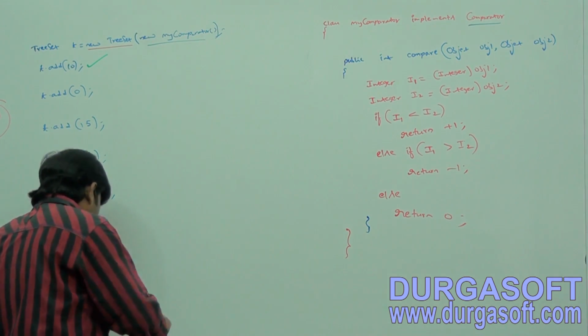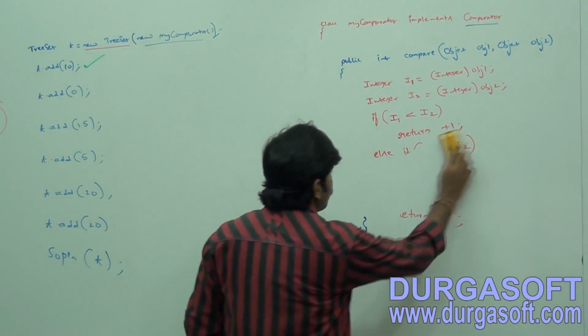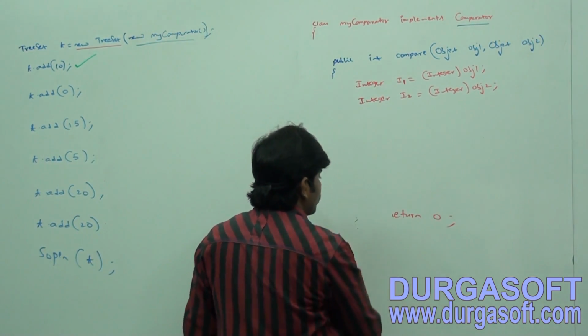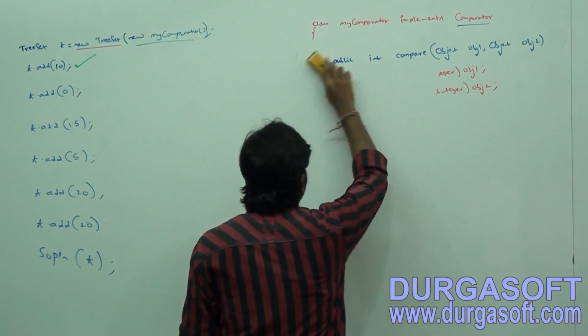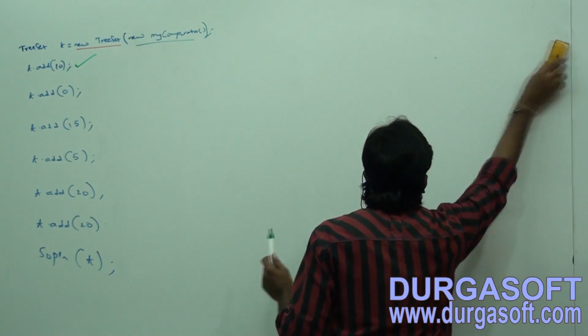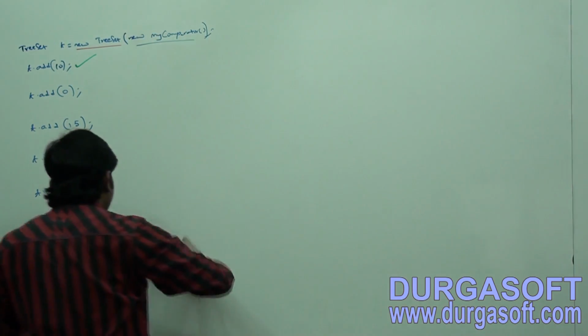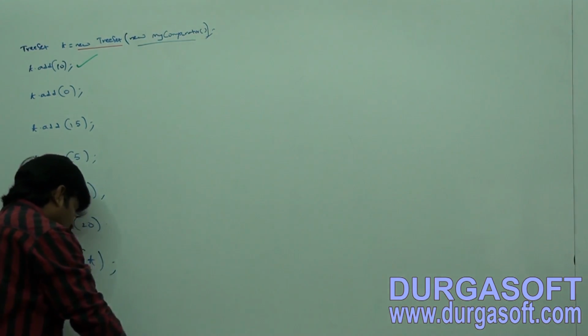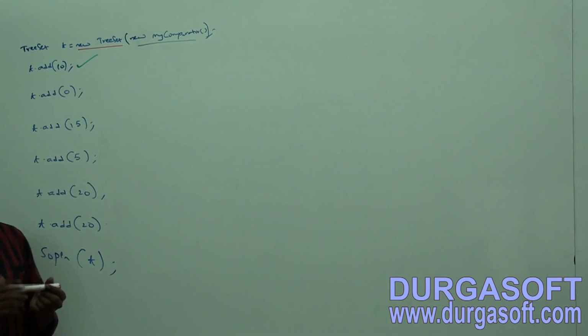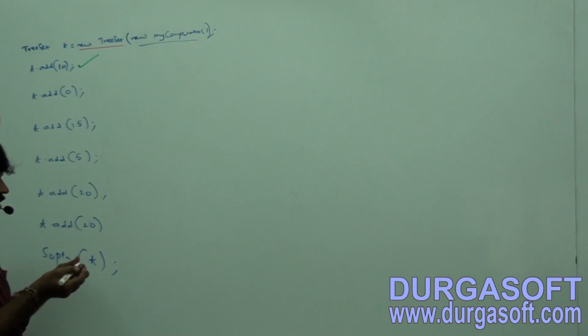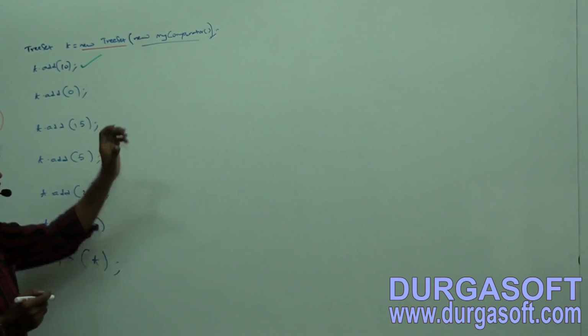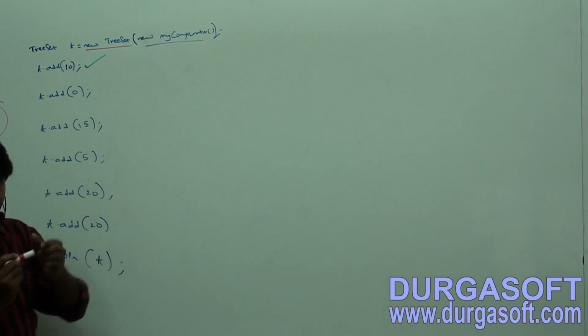Now what I want to do here is, just observe, I don't want to take anything inside, it will take about 1 minute. Let me take various possible implementations of the compare method, and based on every implementation you have to decide what output we are going to get.